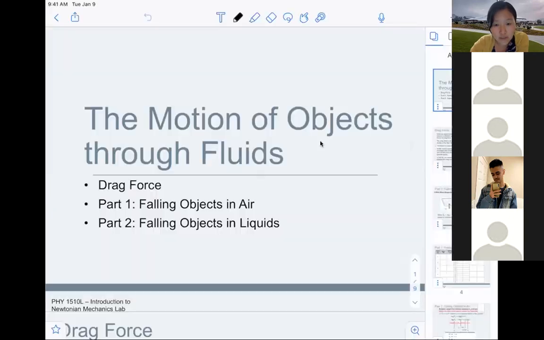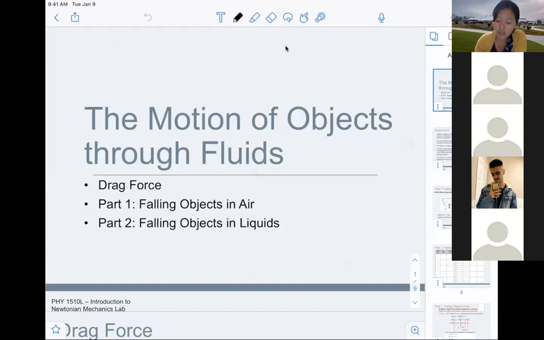Lab 11 is the motion of objects through fluids. In physics, when we talk about fluid dynamics, by fluids we mean both air and liquid. For this lab, we are doing 2 parts. One part is an object falling in air, and the second part is an object falling in liquid.